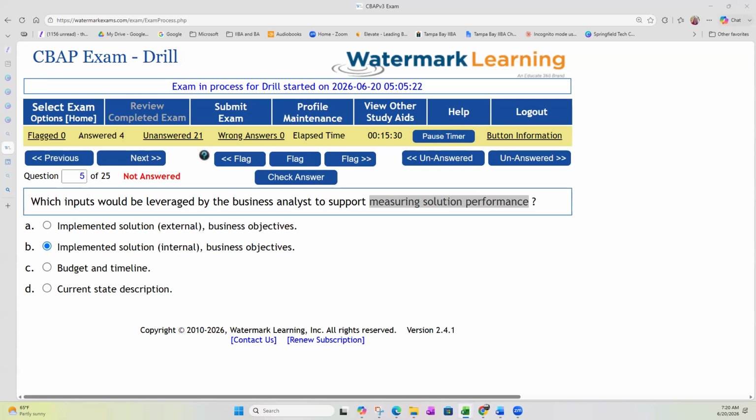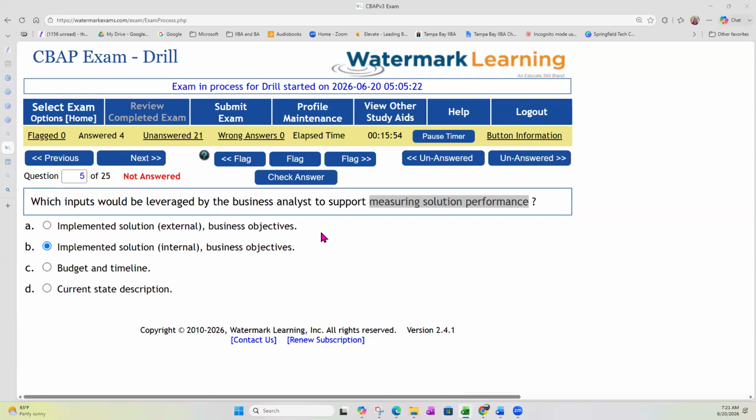Yeah, it's either A or B. So what I'm understanding is that solution performance is not related to the current state. Current state means in this context the old state.